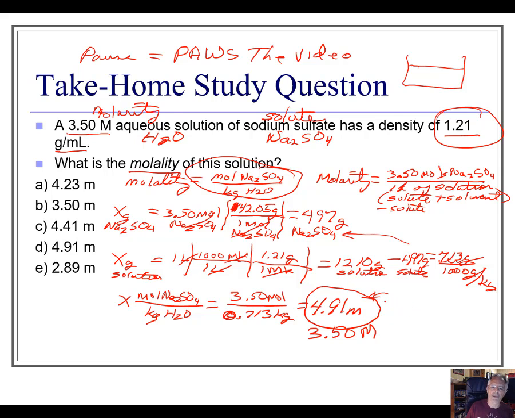I recommend that you work this problem in the forward direction, going from molarity to molality, just as the problem is written. You'll get 4.91 molal, and then start with 4.91 molal and convert it back to molarity. If you go back and forth 2 or 3 times, you'll get a procedure that you're comfortable with. You can keep it in your head, and it'll be an easy conversion factor in the future. Okay?